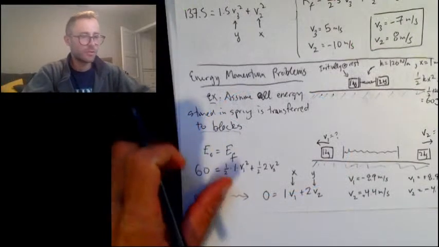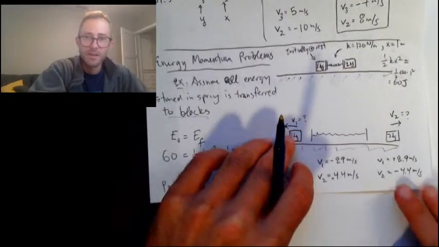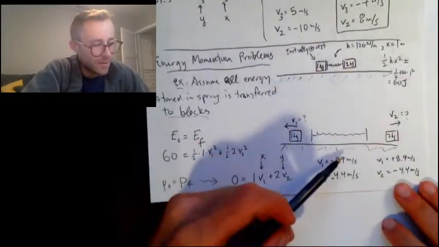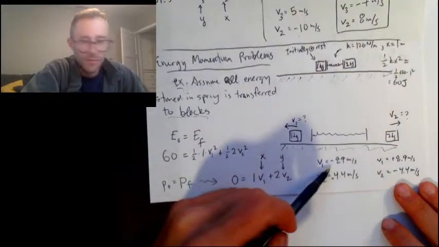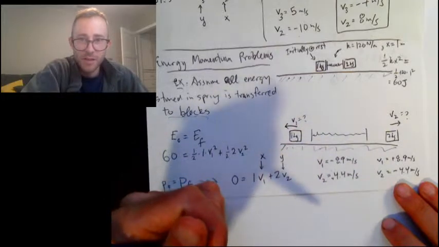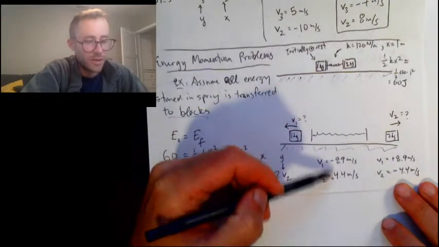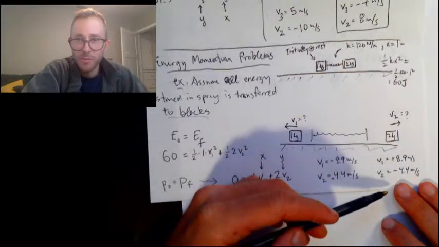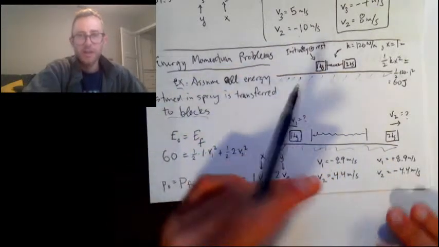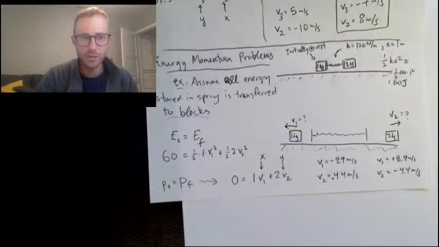So how do we know which one to choose? Well, the thing you want to notice here is that these solutions are the same. They're just multiplied by -1. So we have negative 8.9 and plus 4.4, or plus 8.9 and negative 4.4. And it depends on your perspective.